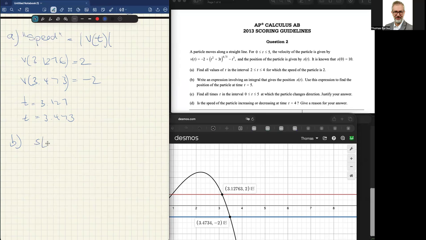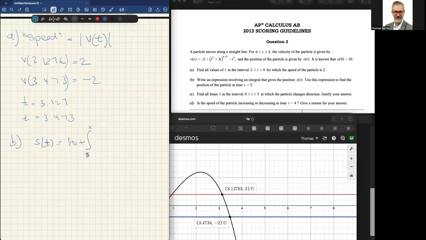An expression that gives the position s of t. So they want s of t, and that equals the initial position. So where do we get that? From here, 10, and then plus an integral. And the integral always starts at the input value of the initial condition. So that is 0, and then it ends at x over here.